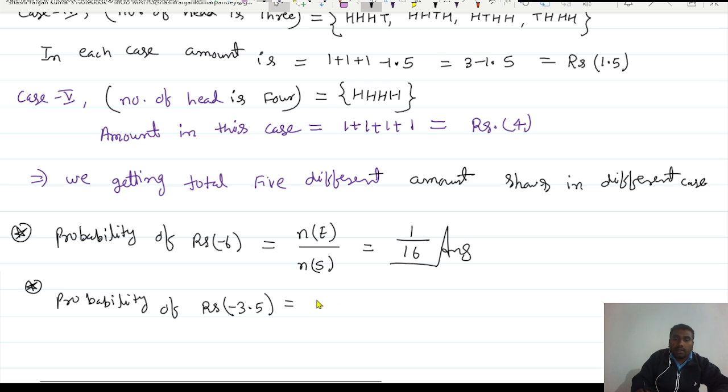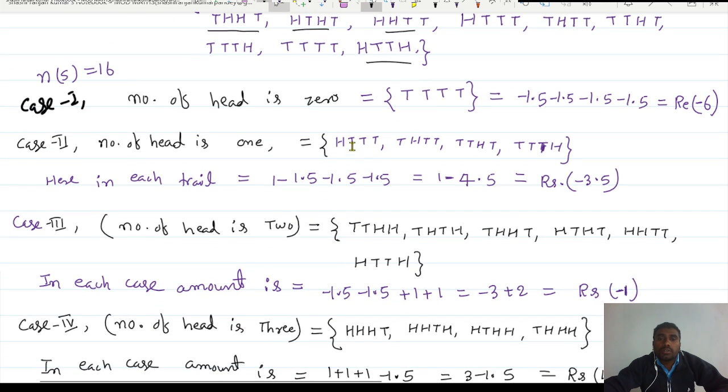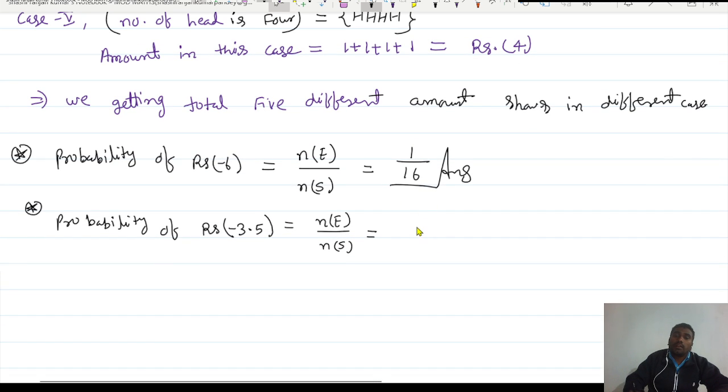So here it is Ne upon Ns, the same formula. How many sample points are there in favor of minus 3.5? 1, 2, 3, and 4. So a total of 4 cases. So 4 upon the total sample space, 16. You can cancel 4 times and we are getting the answer as 1 by 4. So this is the second part.